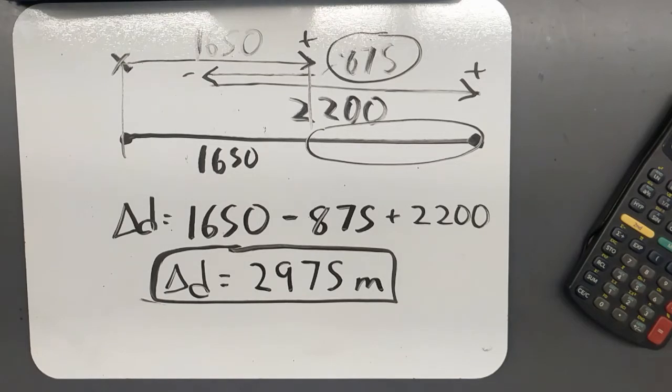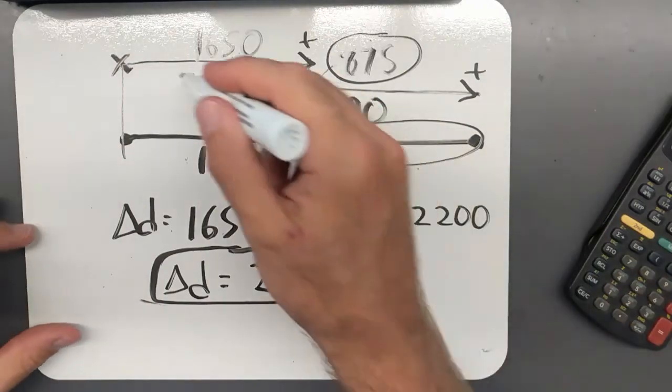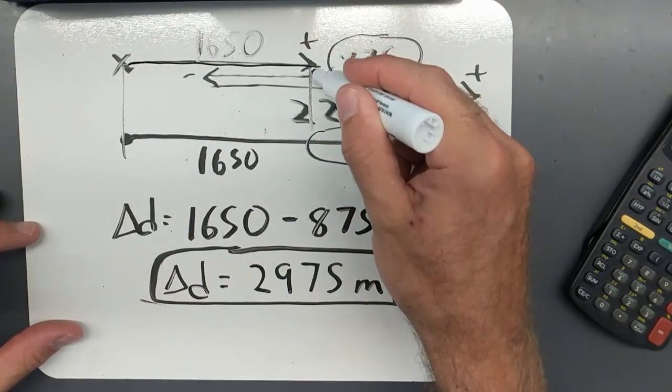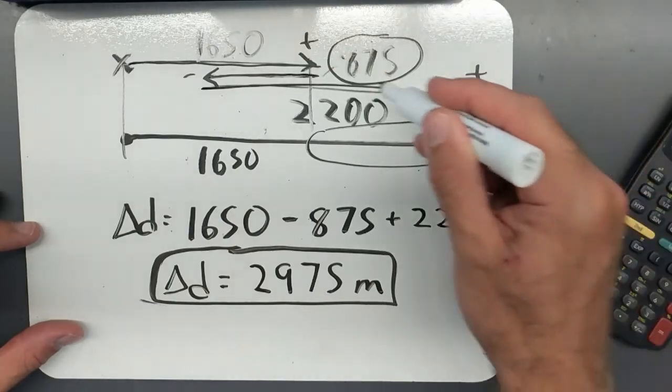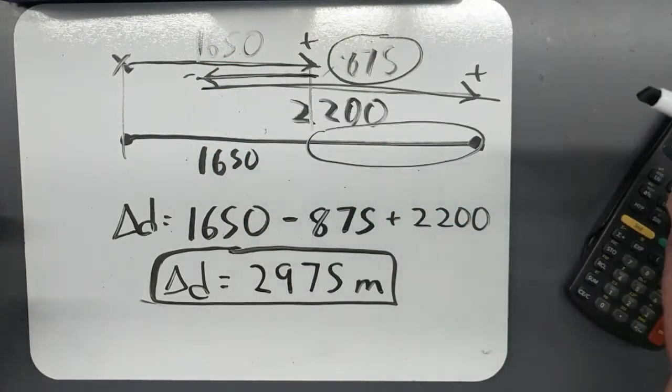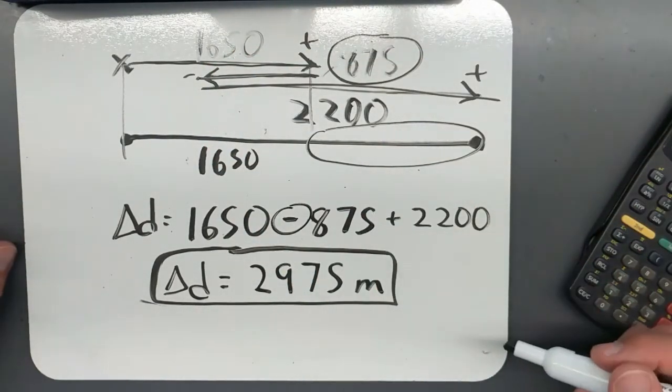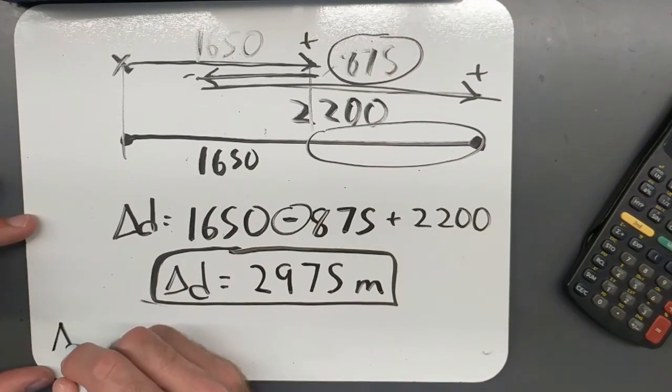To do distance, remember distance is just a scalar, so it doesn't have directions, so we don't have to worry about the positives and negatives. You can see they traveled this far, and then they also traveled this far, and this far. It doesn't matter that this one went backwards. For displacement, that matters. We took that into account here. But for distance, we just add them all up.